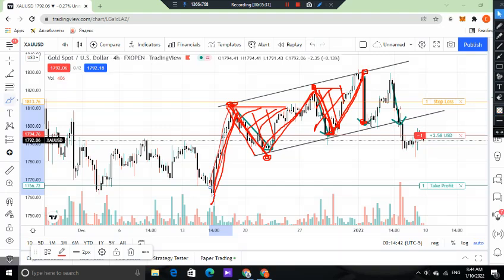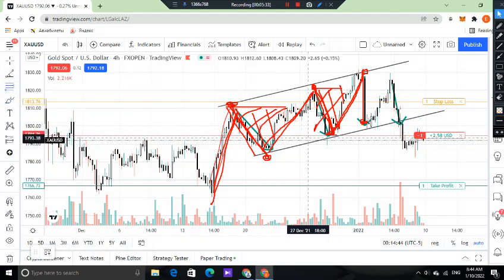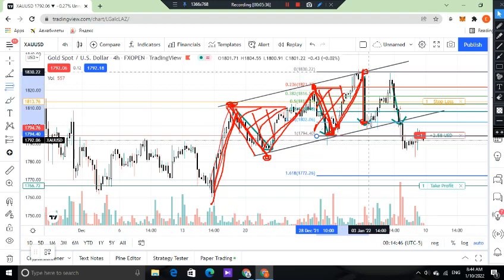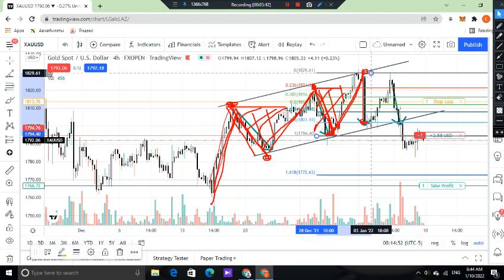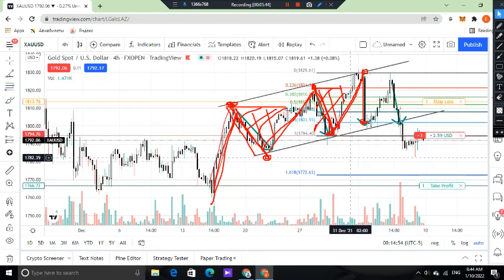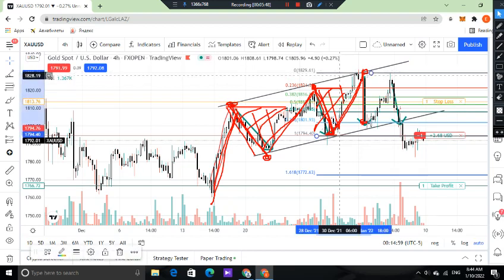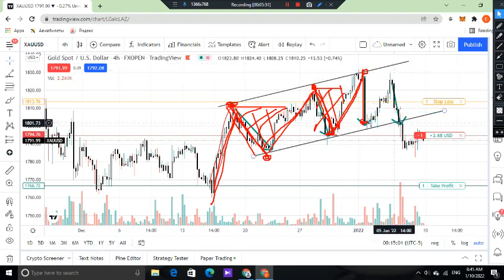If we put Fibonacci on this, it's more than a 78 correction at Fibonacci levels. So what do you conclude? You conclude that this one is really deep.